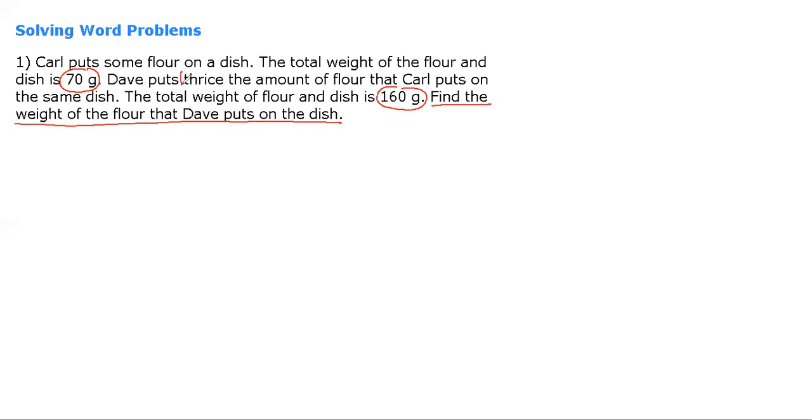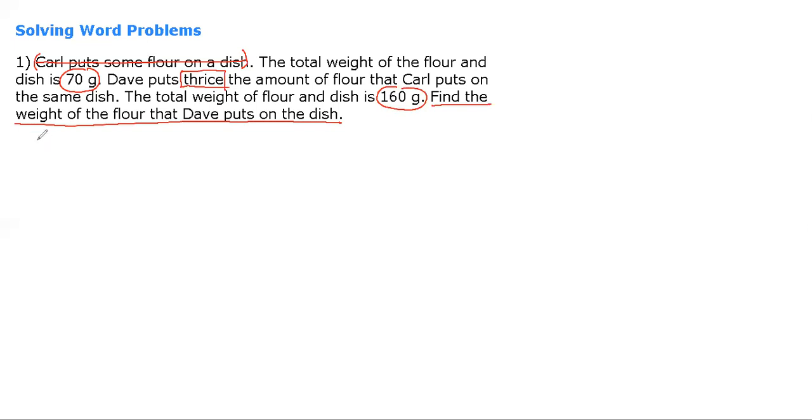The keyword here is thrice, meaning 3 times. And then erase the unnecessary words. Although they are helpful, we don't really need them in terms of representation of the problem.